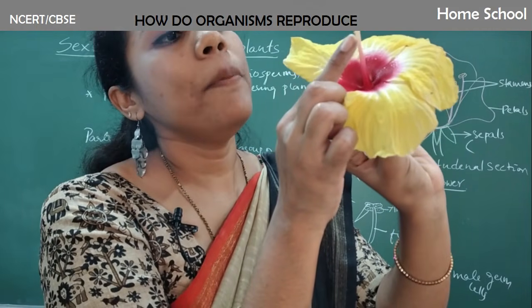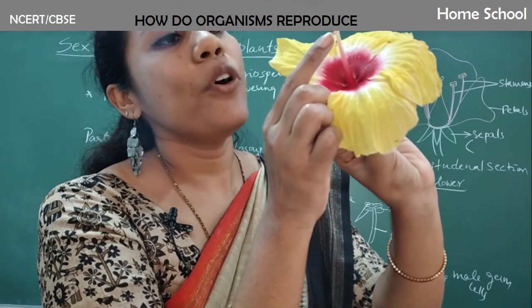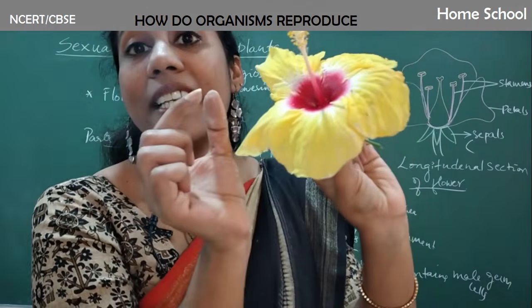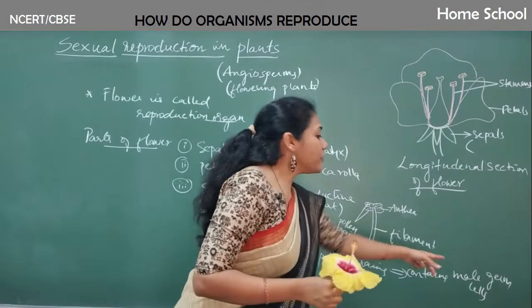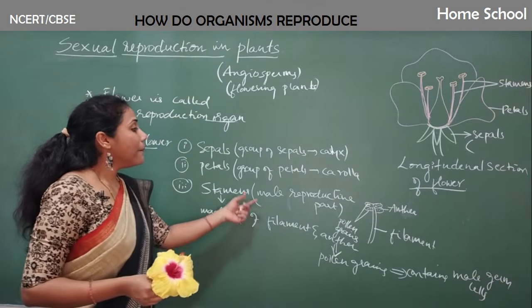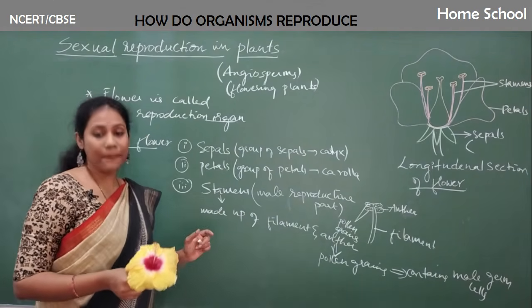On top of it, that structure is anther. Anther has so many small powdery substances, and that is what we call pollen grains. Inside a pollen grain, you will find male germ cells. So this is all about the male reproductive part of a flower, that is stamens.